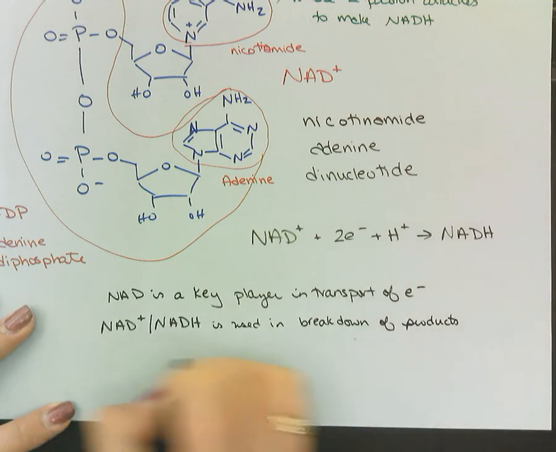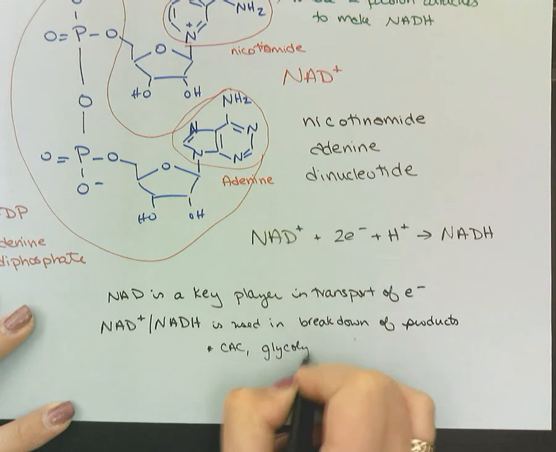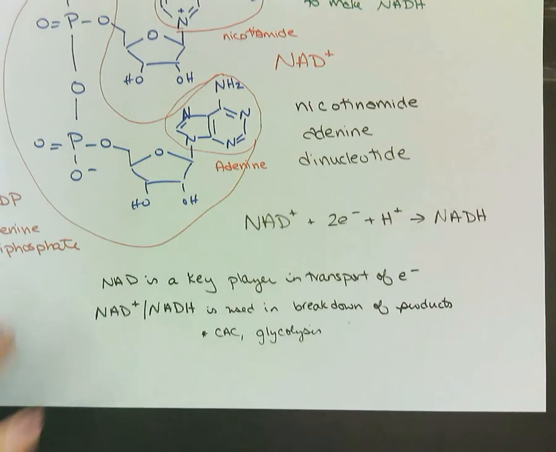It's used in the breakdown of products, especially in the citric acid cycle and glycolysis. That's where we're going to run into it the most.